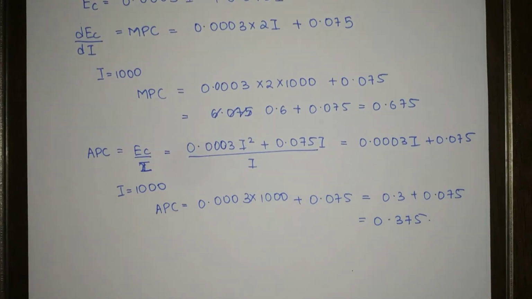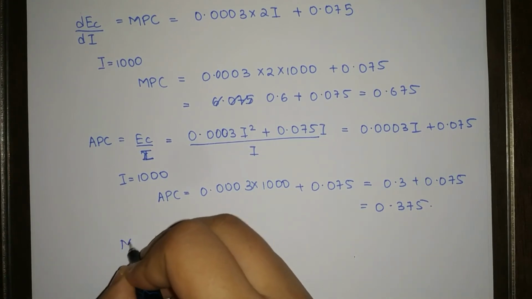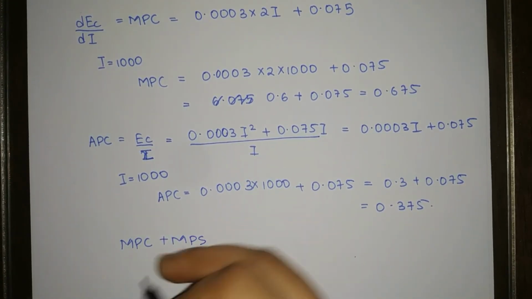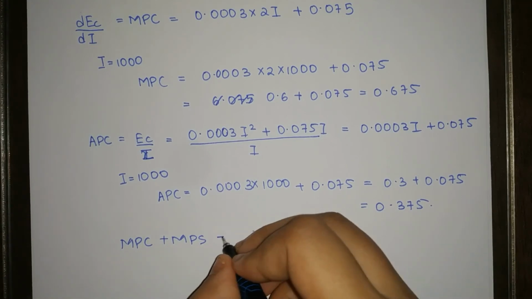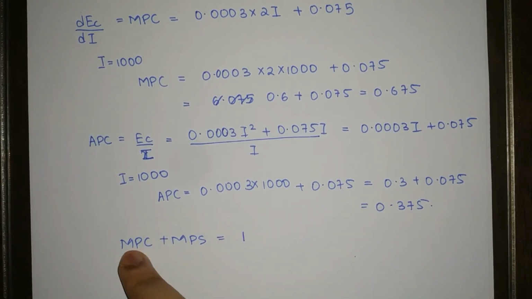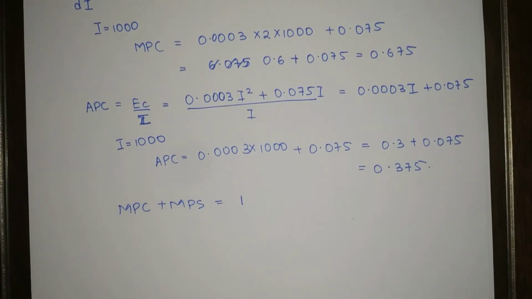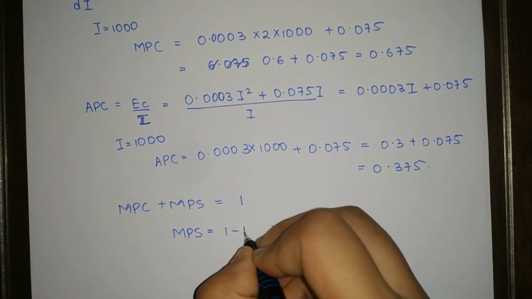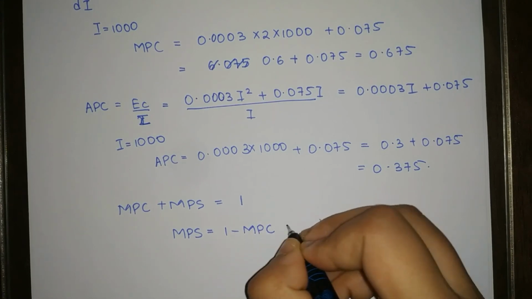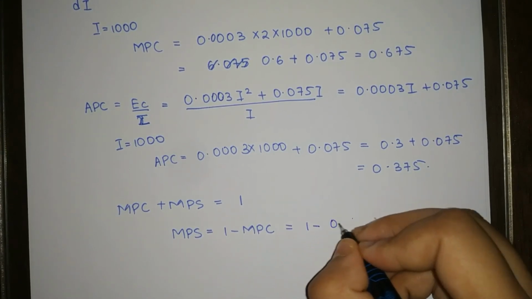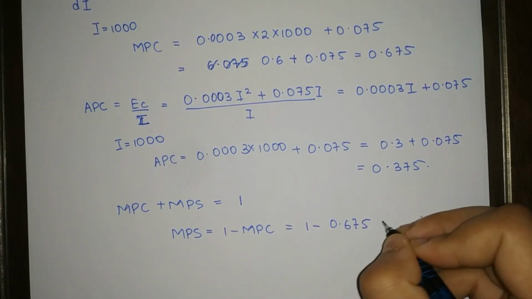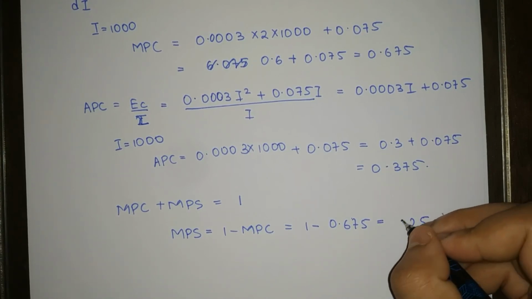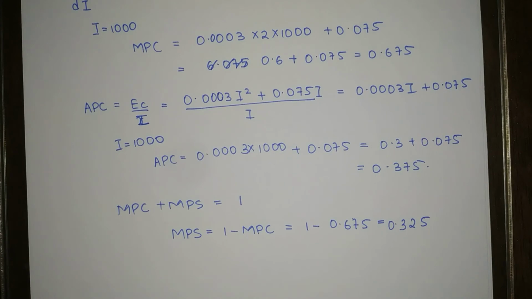Okay. Now we will find out the value for MPS and APS using this. So we know that MPC plus MPS, right? Marginal propensity to consume plus MPS, this should be equal to 1. We have this, so we can easily find out MPS. So MPS will be equal to 1 minus MPC, which is equal to 1 minus 0.675, which is equal to 0.325.